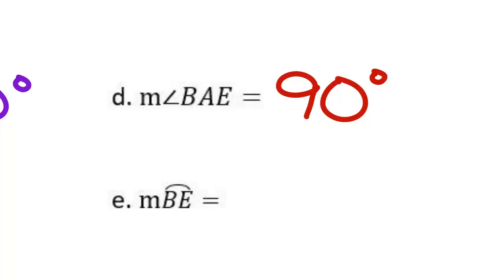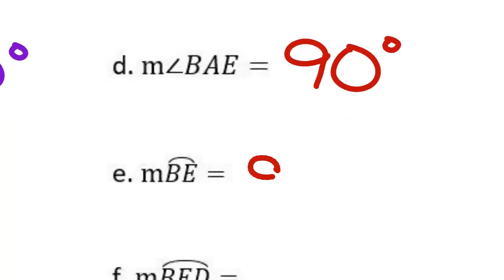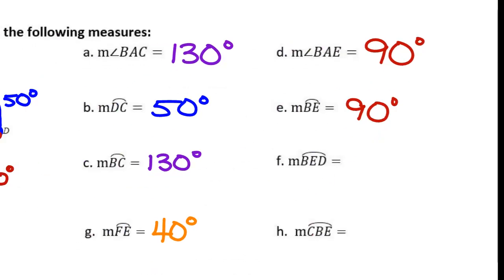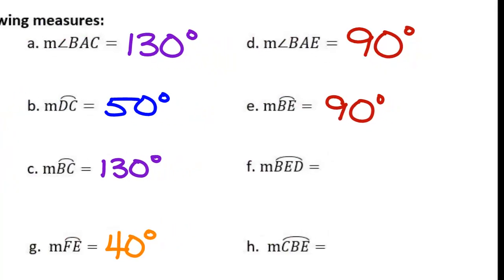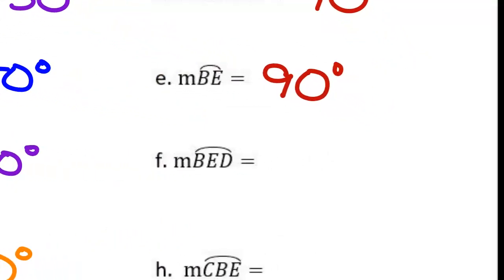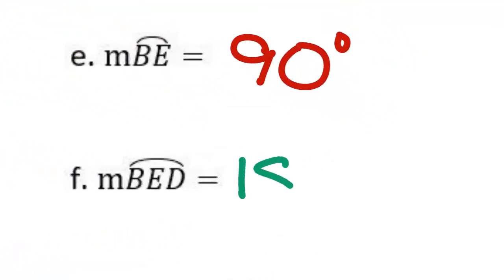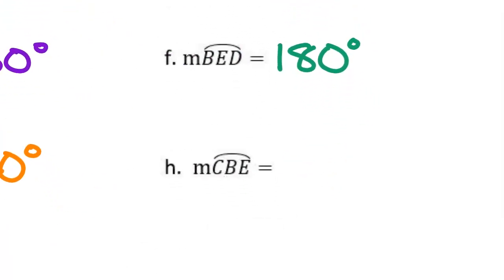All right, arc BE would also be 90. Again, we put the 40 and the 50 together. How about arc BED? 180, that's half my circle. And then finally we get to arc CBE.